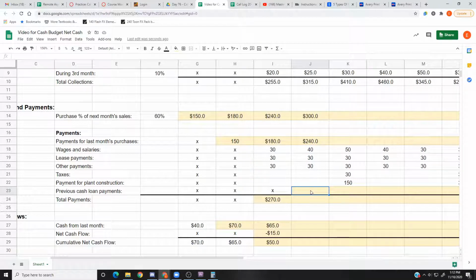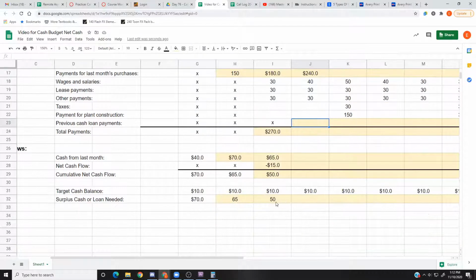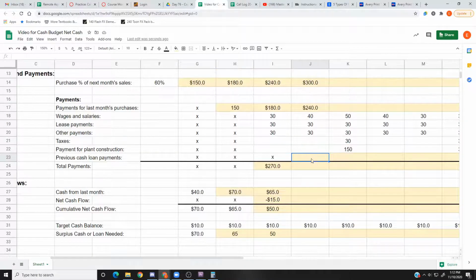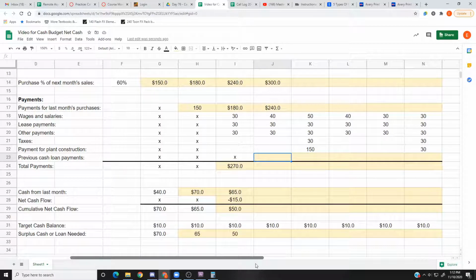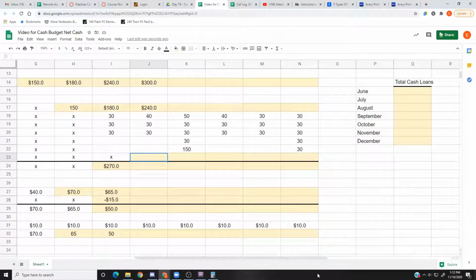And did I have any loans so far? So far, I don't have any loans, right? I'm still positive cash. I haven't had any loans. Okay, so actually, I'm going to go over here to the right. I'm going to talk about this real quick. This is a little thing to help us keep track of if we have any loans owed this month.